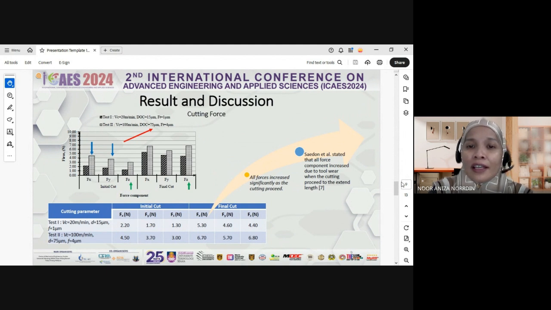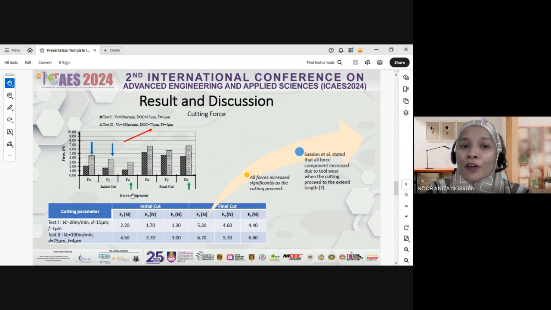For the results and discussion, we will discuss first the cutting force. Okay, the figure shown here gives the cutting force components, which are Fx, Fy, and Fz, obtained from the simulation of test 1 and test 2 during initial cutting and final cutting respectively. It can be observed that the force components increased as the cutting progressed up to final cutting, which is 20 millimeters cutting length.